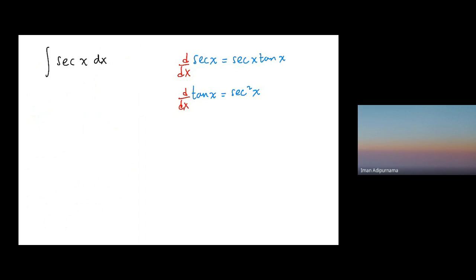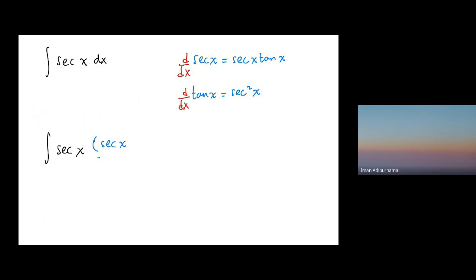The idea here is, if we have the secant x like this, maybe we can introduce a secant x plus tangent x. If we want to multiply by some element, we also need to divide by that element, so that our calculation is still about the secant x.